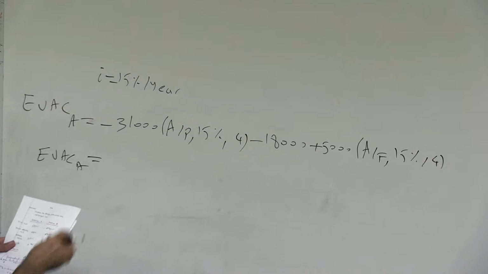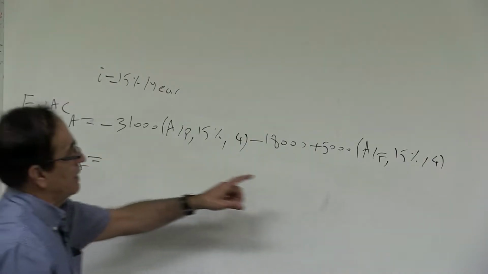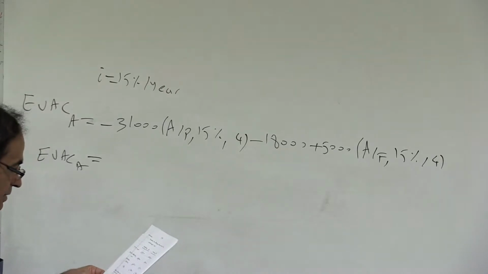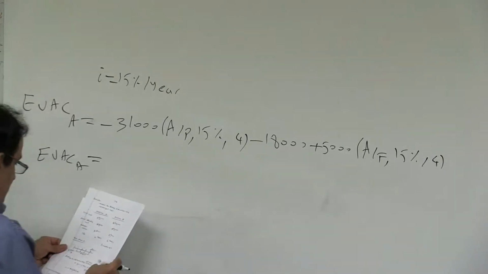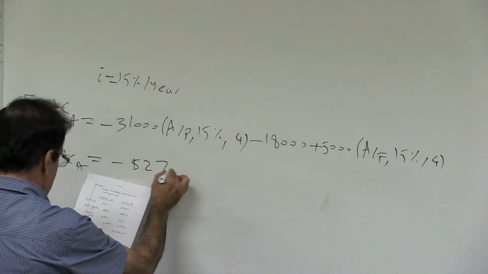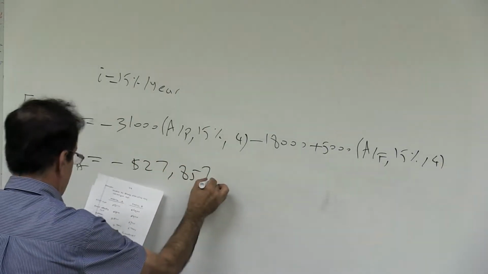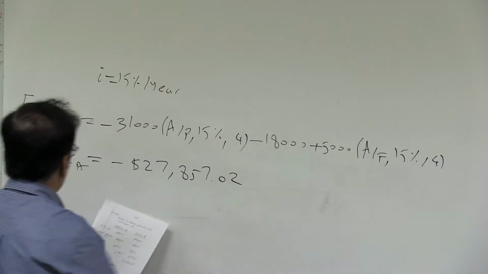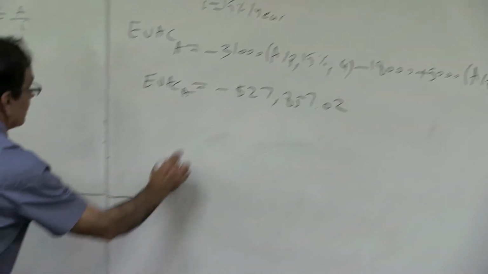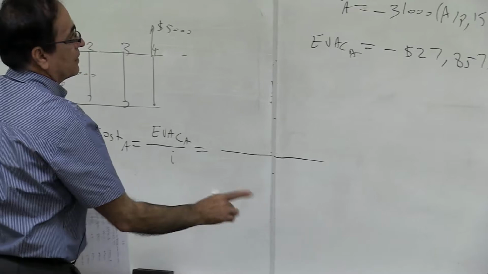If you get A given P and A given F from the table and substitute, you're going to get the number. It's going to be negative $27,857.02. So this is the annual cost. We don't need the annual cost; we need the capitalized cost. To find the capitalized cost, we divide the annual cost by the interest rate.